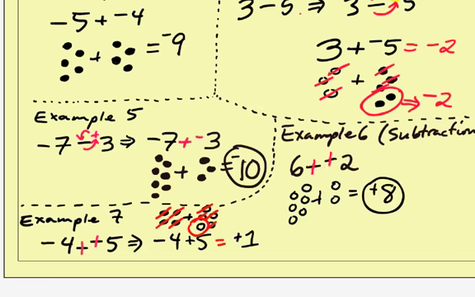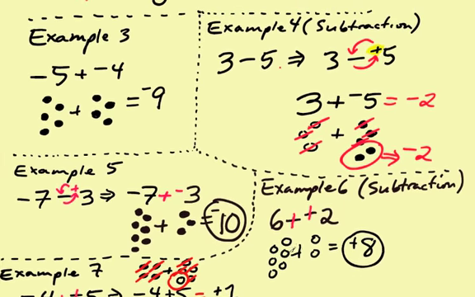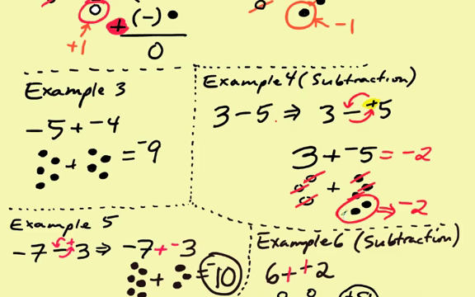So really, when we're subtracting, you could either switch the signs, or if there's two negatives, you just turn them into two positives. Those are the only exceptions to this. So you can change every integer subtraction problem into an addition problem. So that way you can use your dots.